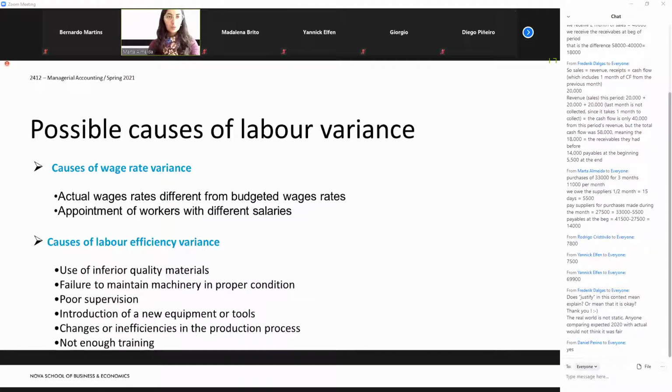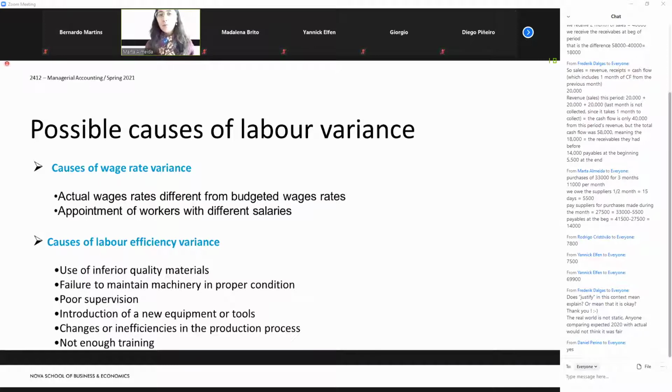When we were talking about some stories for this example, we already discussed some of these possible causes of variances. So for instance, with labor efficiency, it could be because the machines were not in good condition, and that's why labor needed to take longer taking care of the machine to solve the problems, or the materials were of poor quality and they take longer to produce because they needed to handle the materials with more care.